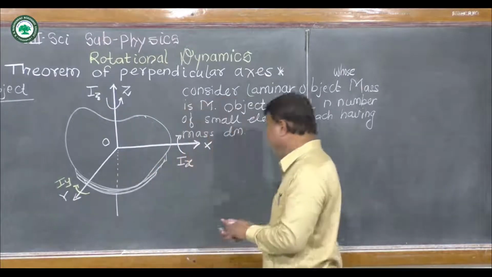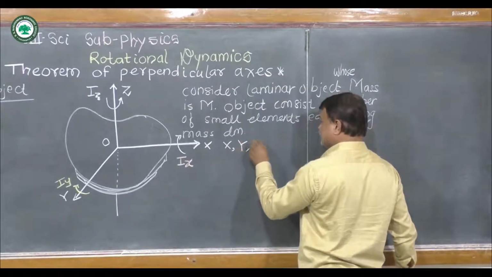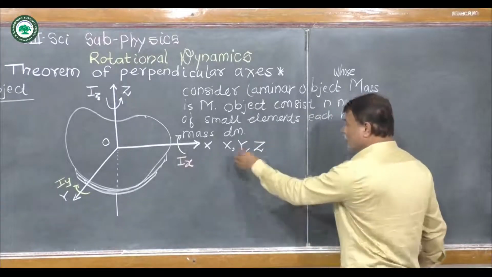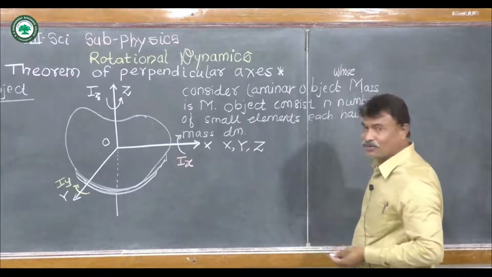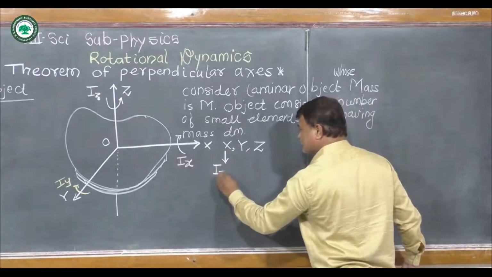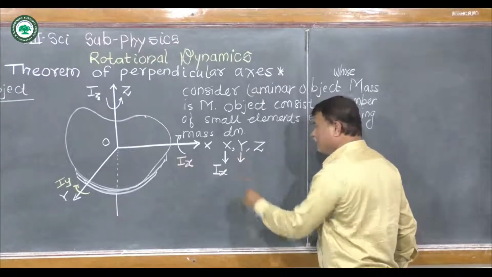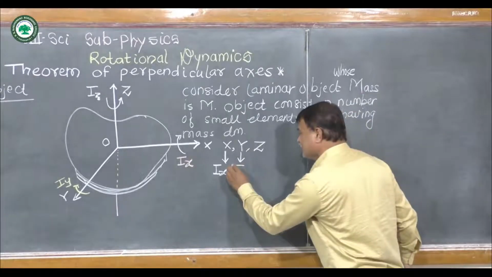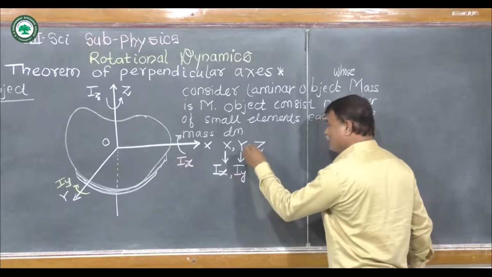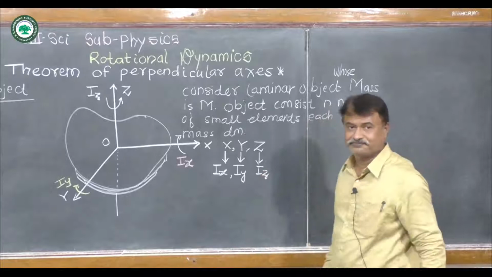When the lamina is rotating about the x-axis, its moment of inertia is Ix. When the lamina is rotating about the y-axis, its moment of inertia is Iy. And when this body is rotating about the z-axis, its moment of inertia is Iz.